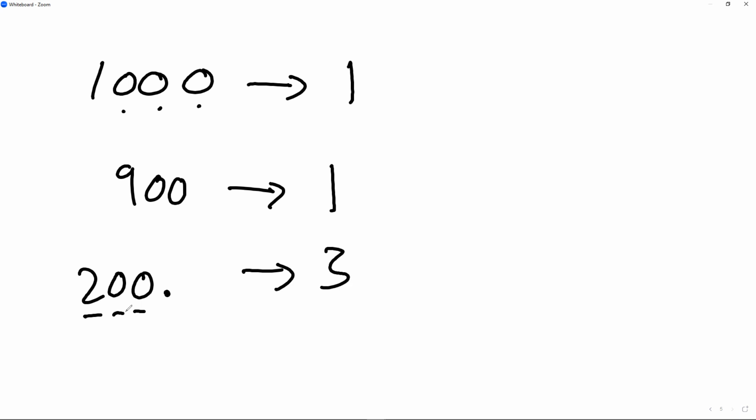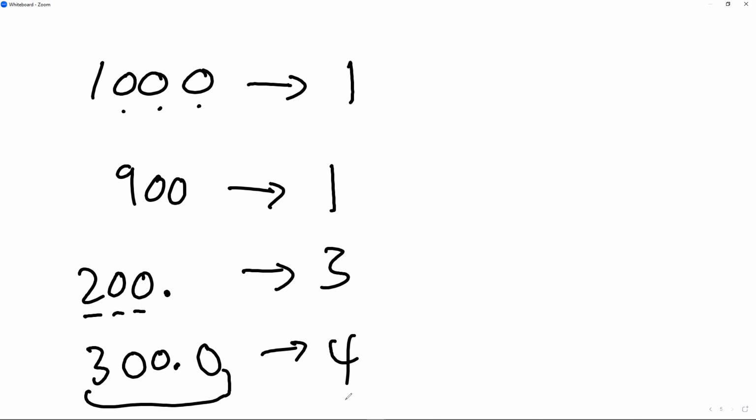And what happens to the numbers after the decimal point? So the numbers after the decimal point, if it's 0, then it's not significant. So for example, if you've got a number like 300.0, then in this case, the 0 after this makes this all significant, which means this is 4 significant figures.